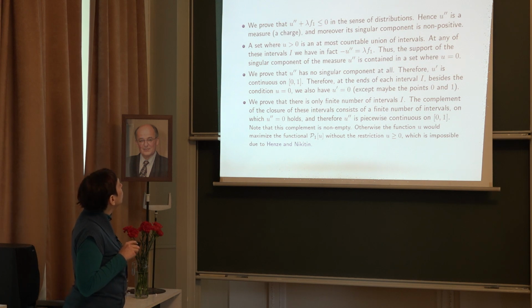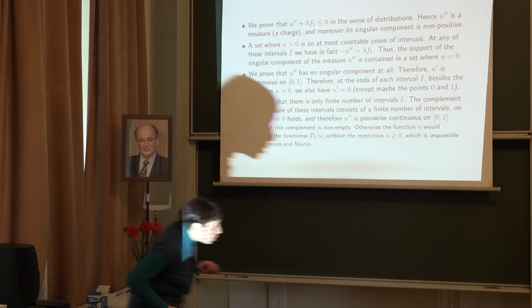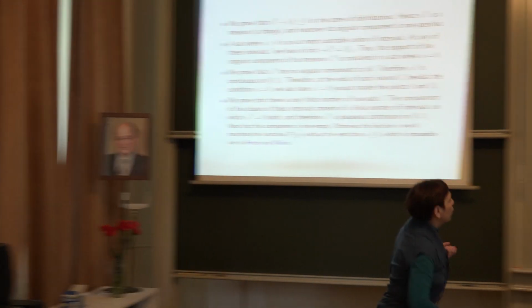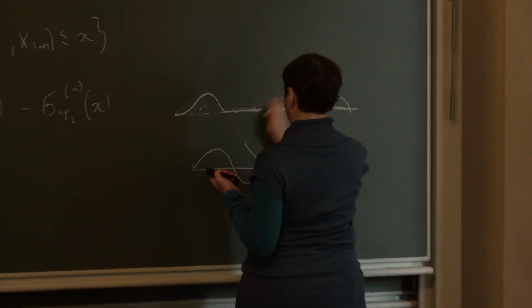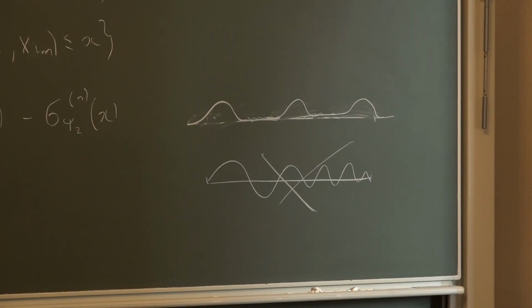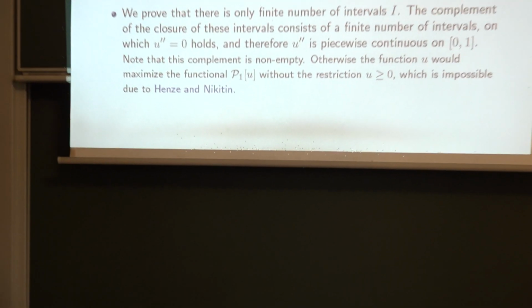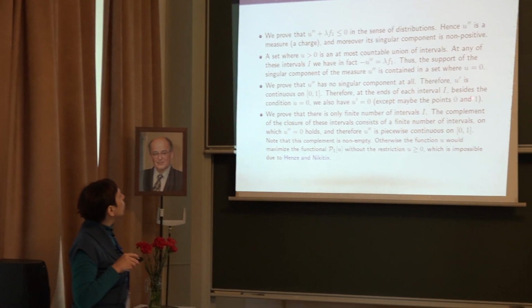And then we prove that the second derivative of u has no singular component at all, that it's just an ordinary function. And by this reason, the first derivative is continuous on the unit interval, and therefore, at the ends of each interval, let me make a correction, at the ends of each interval we have the first derivative equal to 0, except maybe the points 0 and 1.